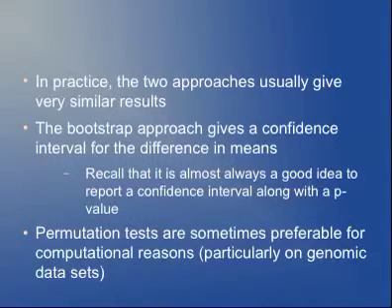First of all, it's not unusual to have very small sample sizes in gene expression data. And as I said, bootstrapping and permutation tests work even if the assumptions of the t-test are violated.